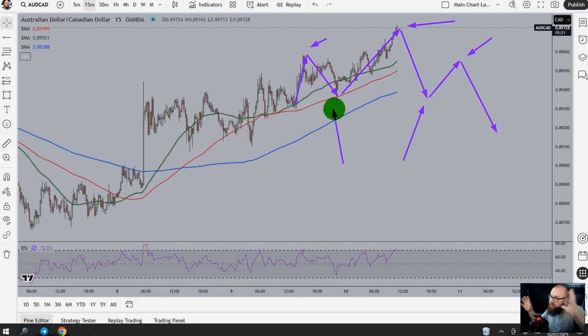So this trend reversal pattern, a head and shoulders pattern, is showing a potential shift in momentum. The key characteristic of an uptrend, higher highs, higher lows, is no longer present, meaning the uptrend is coming to an end.